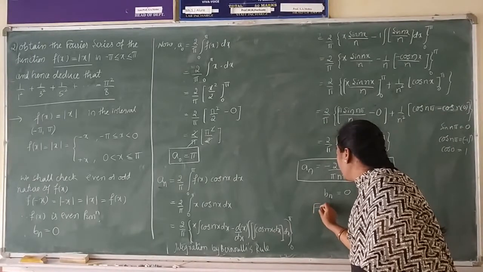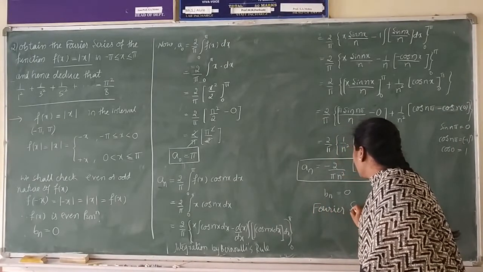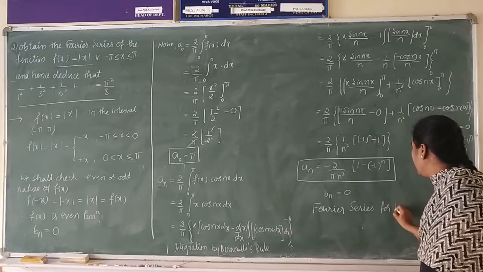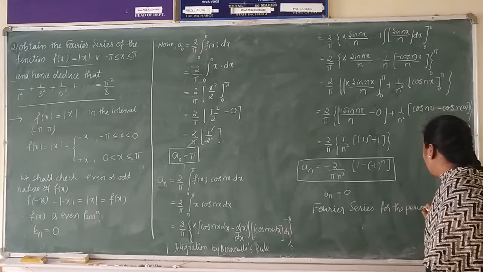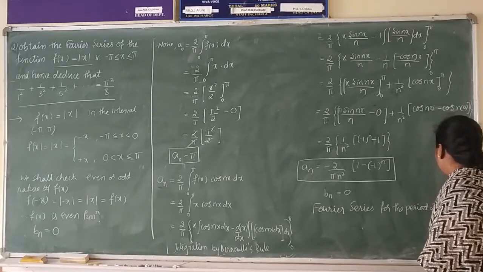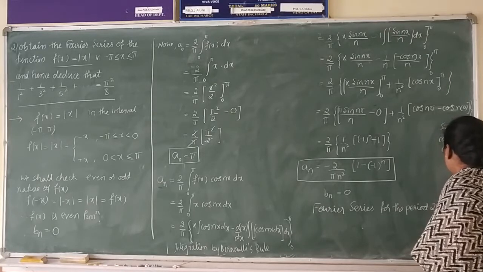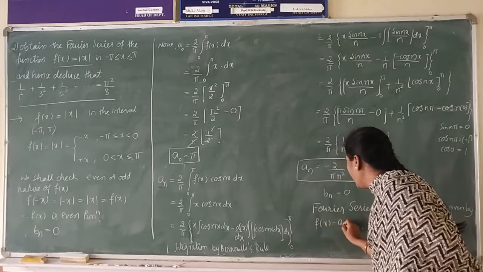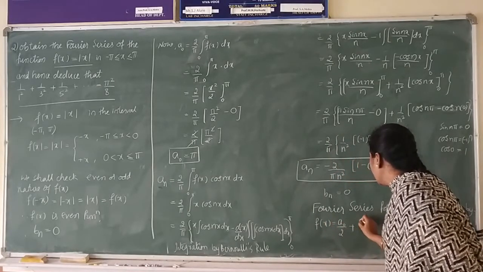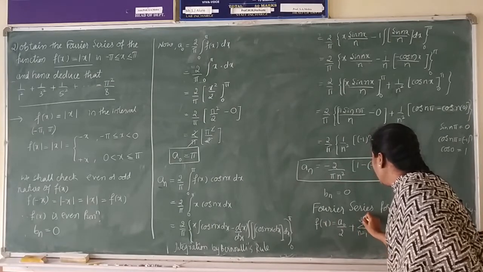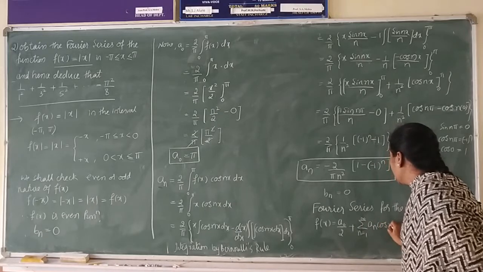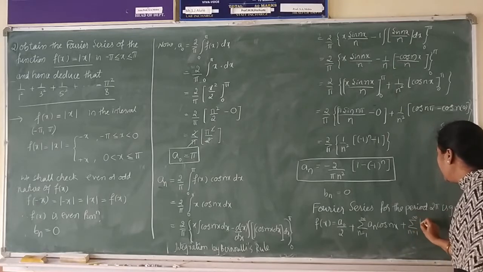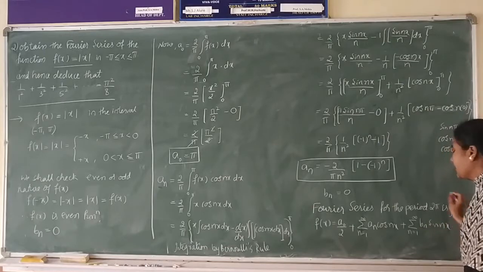Here, the Fourier series for the period 2 pi is given by f of x is equal to a naught by 2 plus summation n equals 1 to infinity a n cos nx plus summation n equals 1 to infinity b n sin nx.